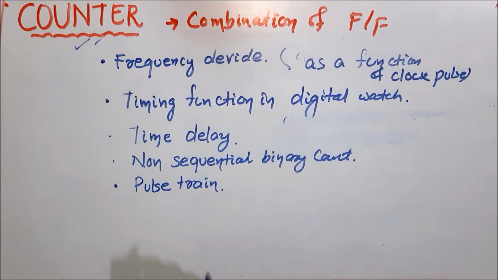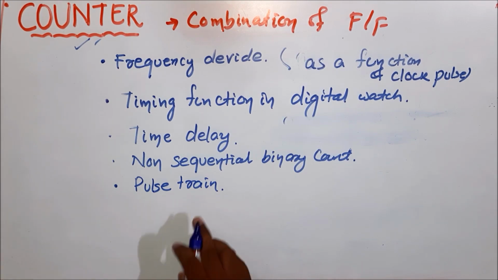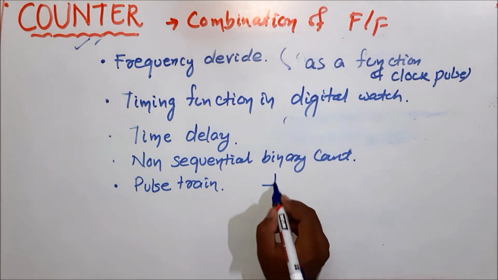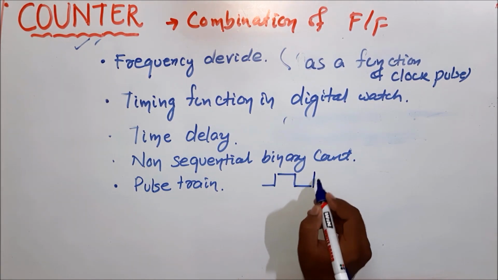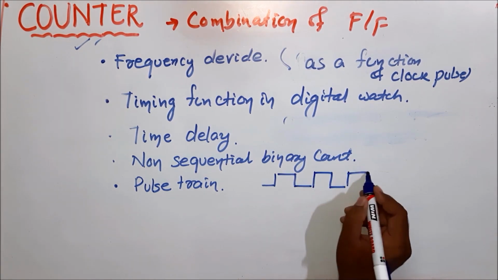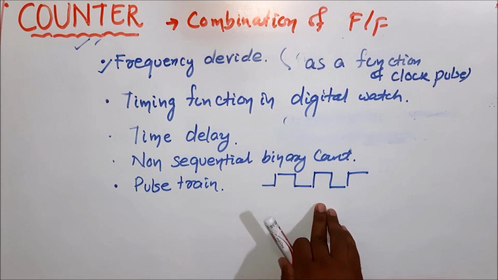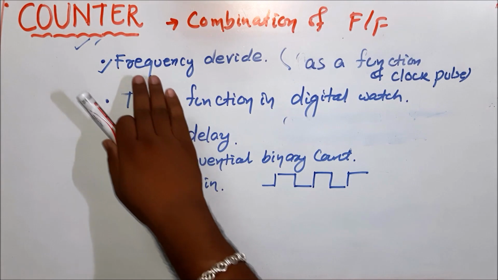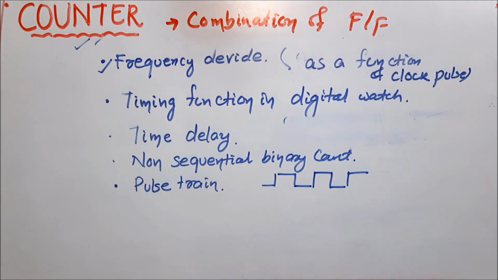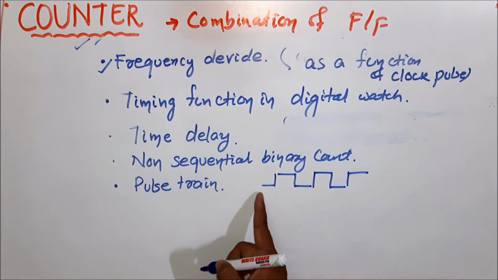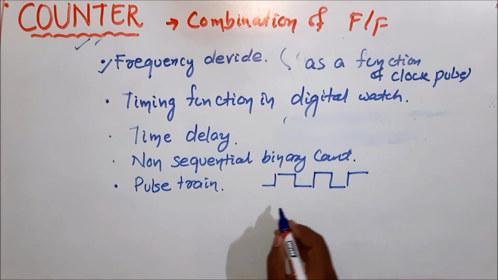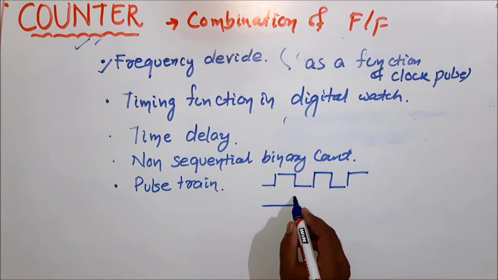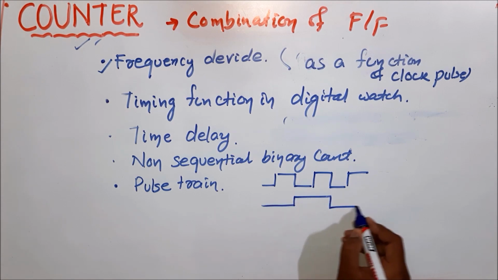Again, a counter can generate a pulse train. Pulse train means a number of square pulses or square waves. The pulse train concept is used when we are creating a frequency divider circuit. For example, this is my pulse train. This can be converted into this.